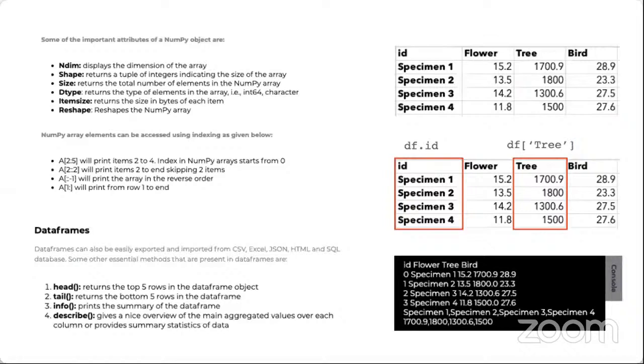What are the different basic functions, like how to find the dimension of an array, how to find the size of some of the elements, and how to index or take specific portions from the data frame, or how to restructure a data frame based on your requirements.